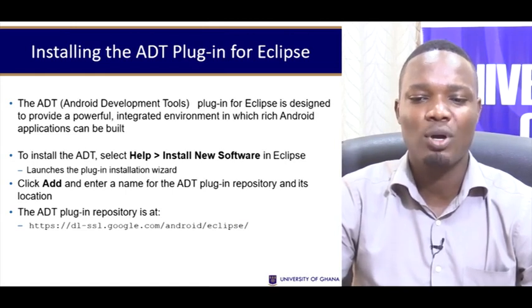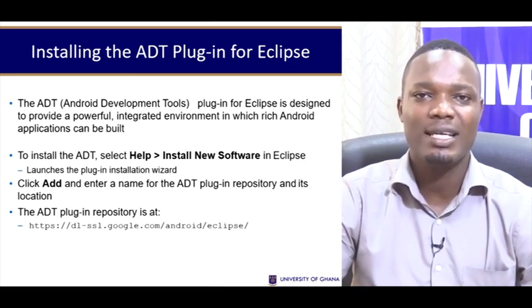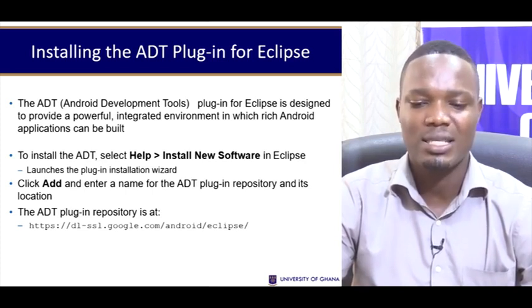Installing the ADT plugin for Eclipse requires you to select Help, Install New Software, just as we did, and then you launch the plugin installation wizard. You click on Add, and then you enter a name. Here you want to enter a name like maybe ADT so that you can easily recognize what it is.